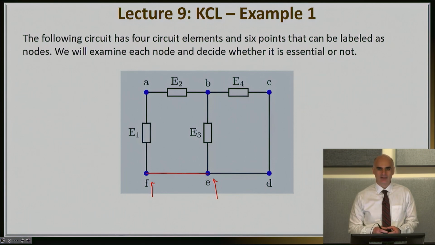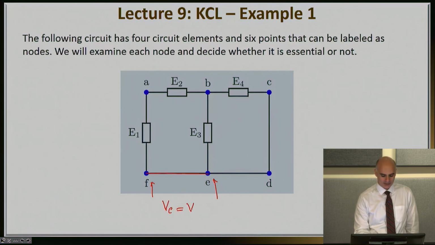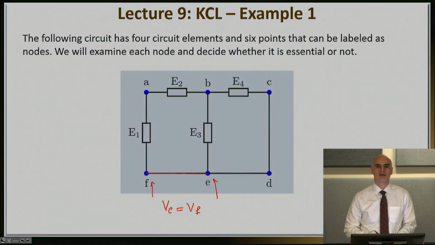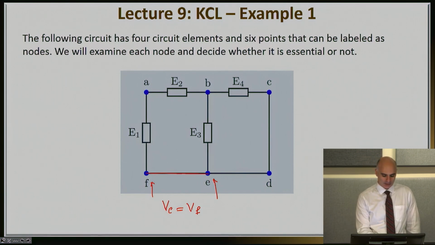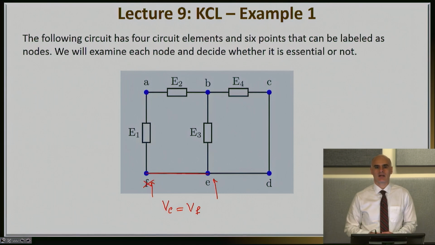The very fact that there is a short circuit between them guarantees identical voltage between E and F, in other words, that the voltage at E will be the same as the voltage at F, and therefore, from an electrical perspective, those two physical points represent one electrical node. So if I wanted to do things correctly, I would not have given F a name. It would really be E.